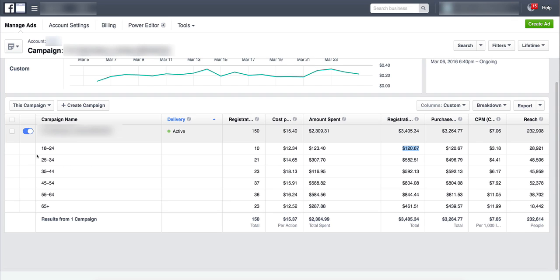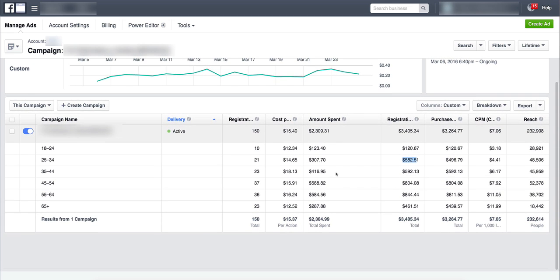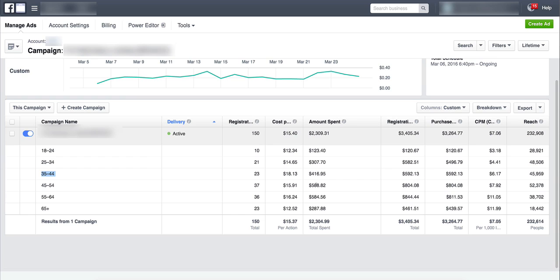Then you've got your 25 to 34 year olds. I've spent $307 to make $582. So that's almost 100% ROI. So that's really good. 35 to 44 year olds, I spent $400 to make almost $600. That's okay. And 45 plus is 588 to 800.